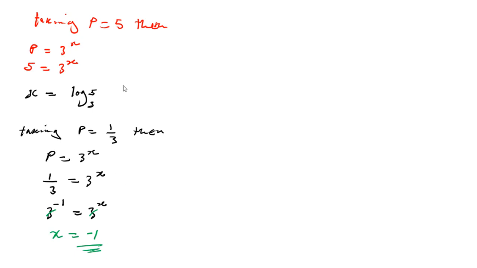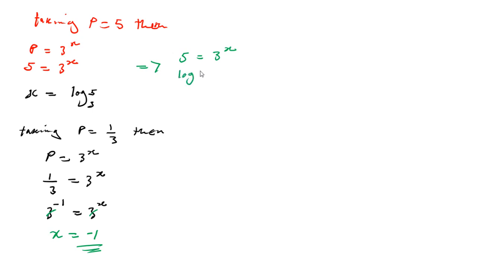So ladies and gentlemen, I'll go back to this one. In other ways you can solve this, with 5 equal to 3 to the power x, some people would love to introduce logs on both sides.